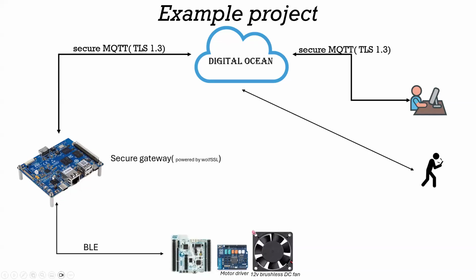If you have the proper certificates generated in DigitalOcean, then only it will allow the gateway or any client to connect to the cloud; otherwise it will reject, because it's all secure communication, and we have disabled all the other ports.